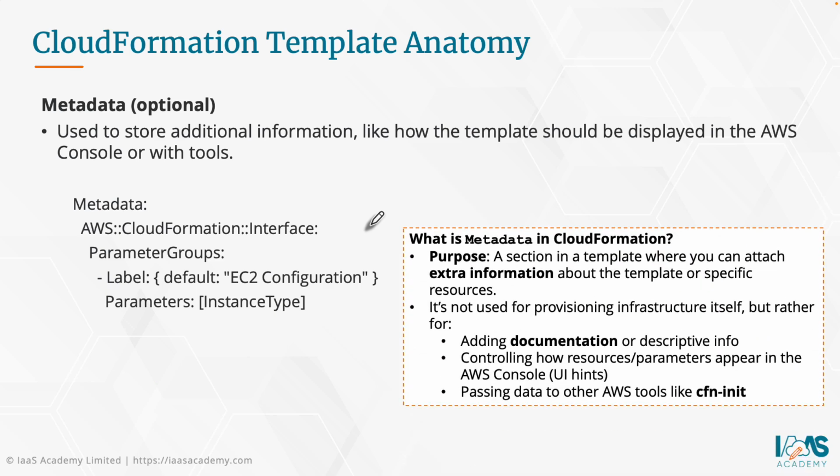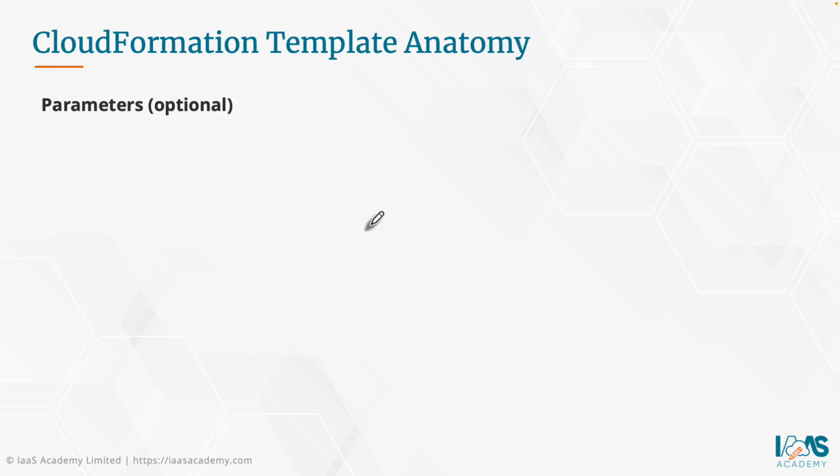Essentially, its purpose is a section of the template where you can attach extra information about the template or specific resources. It's not used for provisioning infrastructure itself, but rather for adding documentation or descriptive information, controlling how resources and parameters appear in the AWS console, such as UI hints, and passing data to other AWS tools like cfn-init.